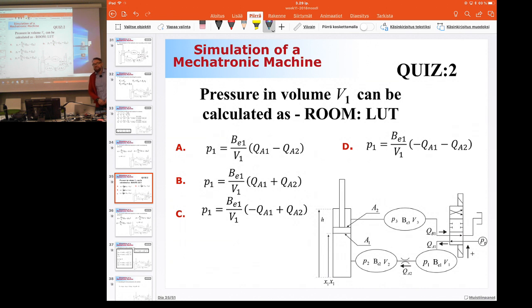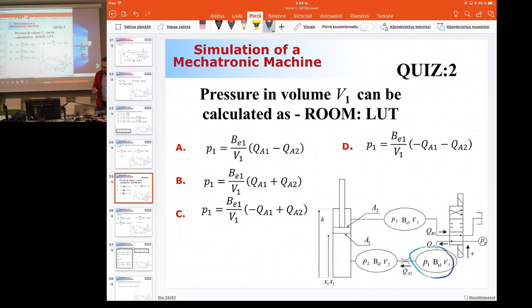Okay, let me ask this. Let's go back to this figure and look at the situation. I'm asking, for this first pressure, which one of these 4 choices is the correct way to define the differential equation? Still, this is not going to be a 100% success rate, because some of you were not listening when I was explaining this, and now suddenly it appears again.